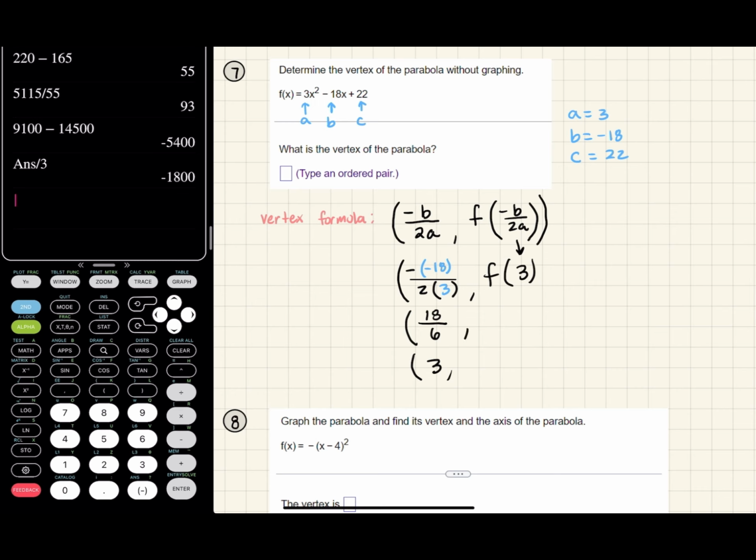Alrighty, so we have our function is 3x squared, but we're plugging 3 in, minus 18 times 3 plus 22. And again, that's our original function here. I'm just replacing the x with the value we found here.